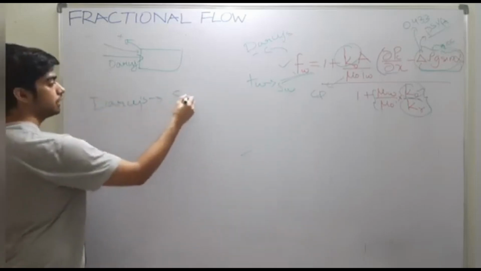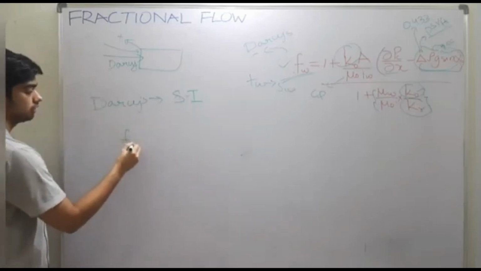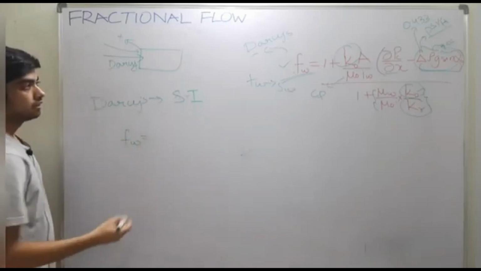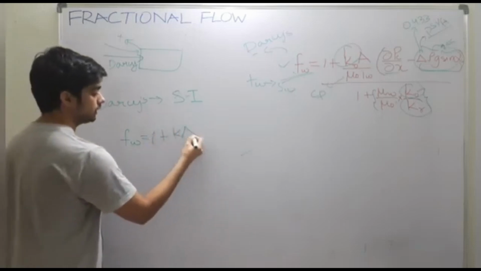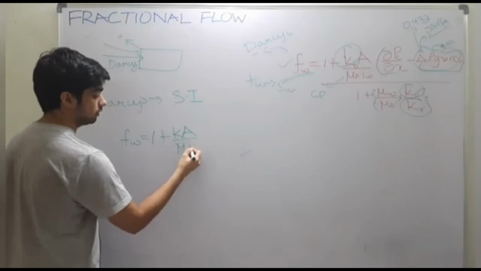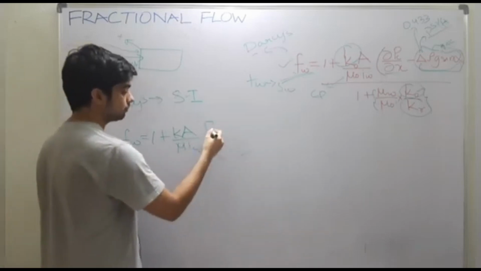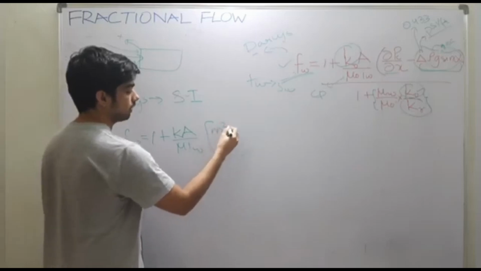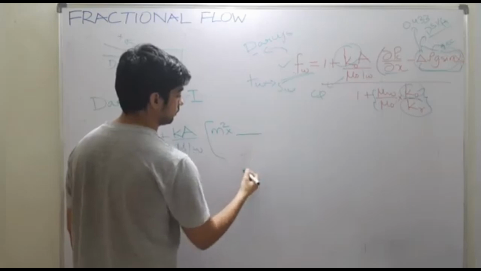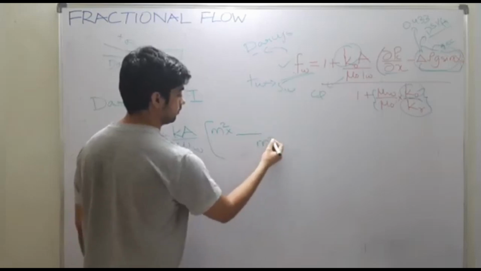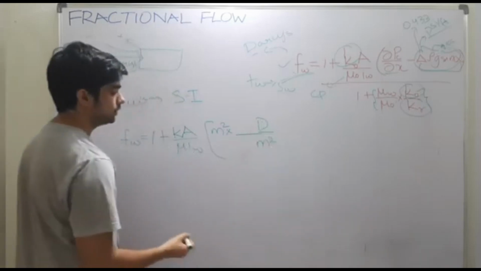From Darcy's to SI, in this case, permeability will get converted to meter square, and this is the Darcy unit.